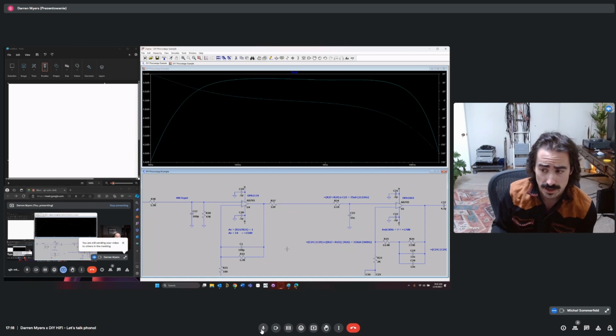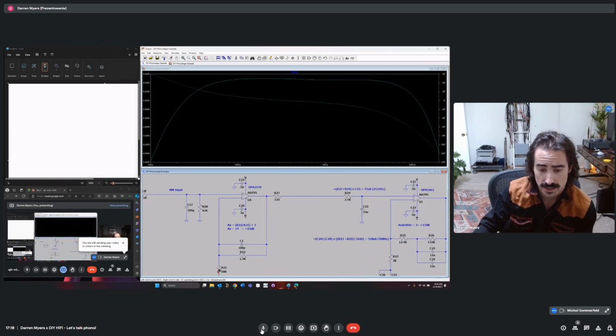It has low voltage noise. It's not ultra low voltage noise, but it's got, I think, like 8 nanovolts for the voltage noise. So that is generally what you need, and exceeding that will lower your noise. Exceeding the specifications of the 2134 will lower the noise of the phono stage if other factors aren't dominating, like this R21 or R24 can dominate as well.